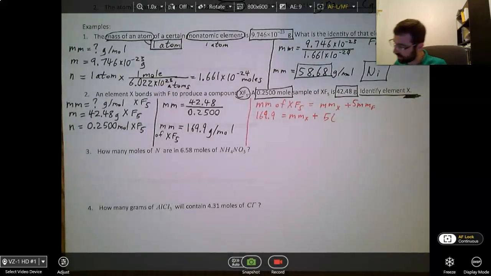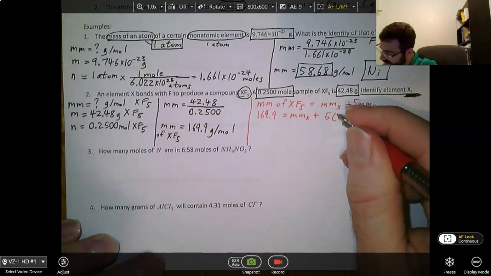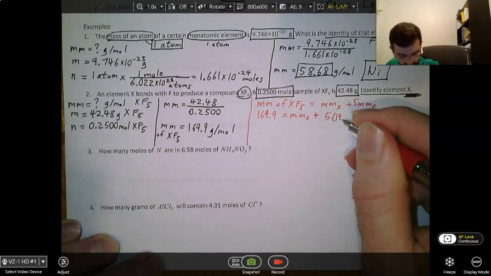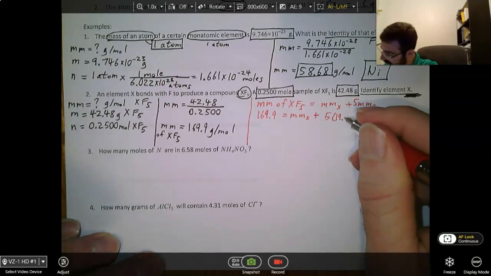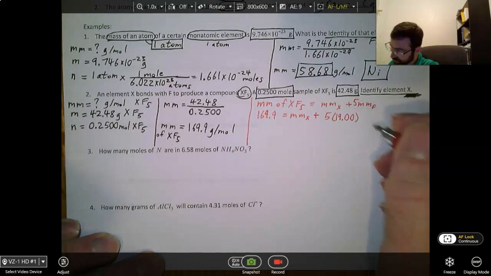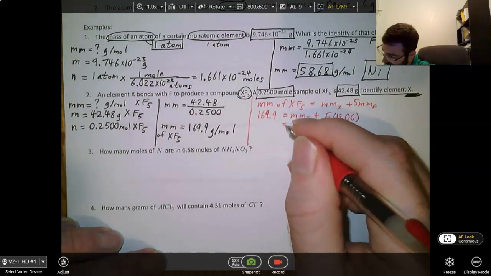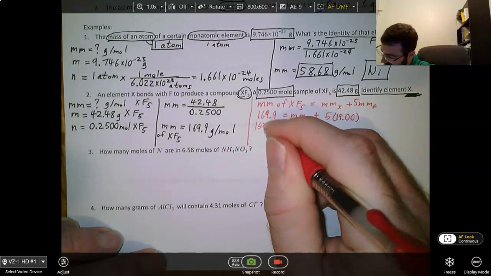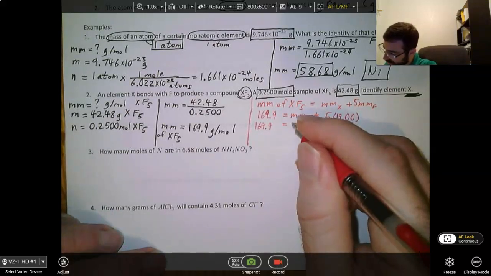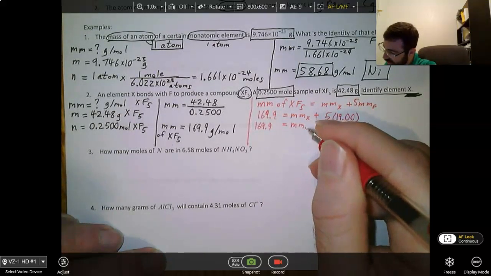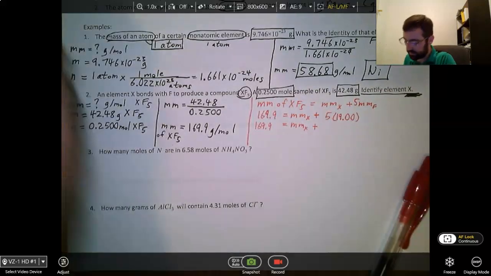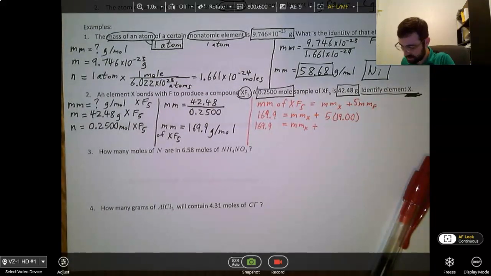It might be slightly different than others, but this is the one we use on the AP exam, so 19.00. So I have 169.9 equals the molar mass of X plus 5 times 19.00.